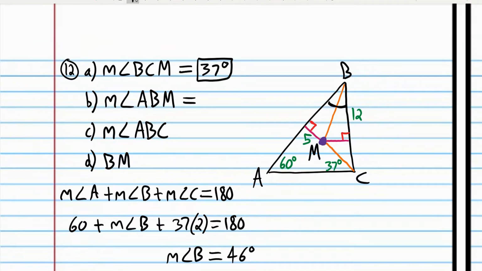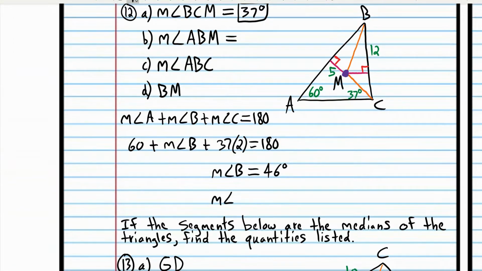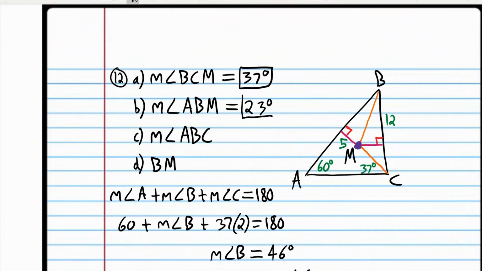We're not looking for the entire angle at B. We just want ABM. So ABM is this angle, so we have to divide it by 2 because this segment is an angle bisector. So the measure of angle ABM is equal to 46 divided by 2, which is 23 degrees. So 23 degrees for that one. So if you got that answer, good job.